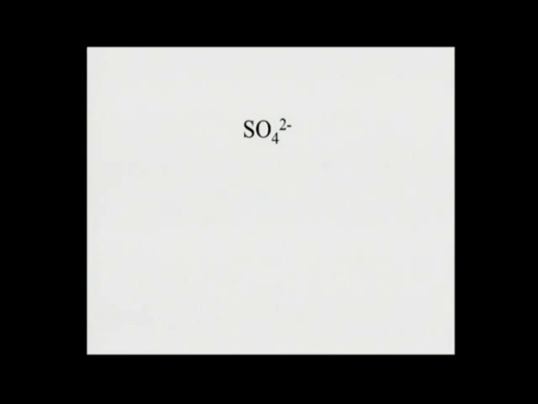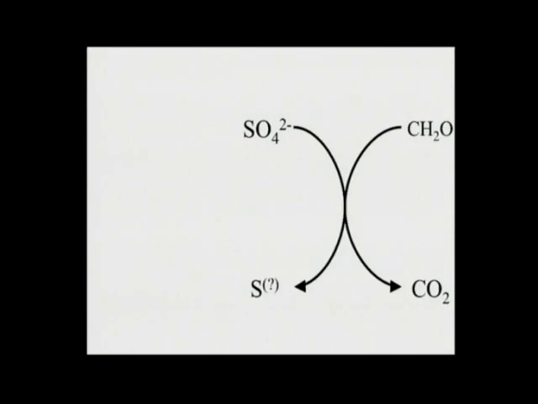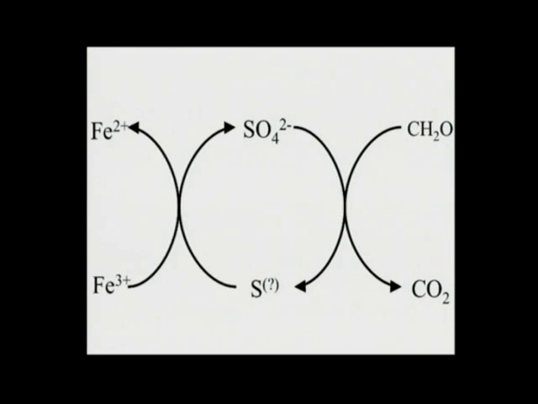But there is a potential that this process happens actually everywhere, not only in the salt marsh. And basically what we think happened there is that we have sulfate. This sulfate is being reduced to some sort of reduced sulfur, and then this reduced sulfur is being oxidized with iron.